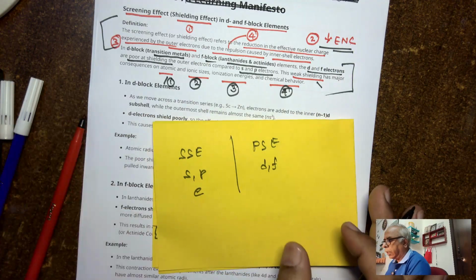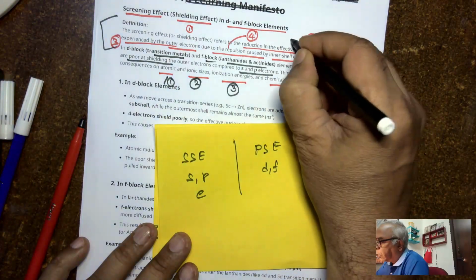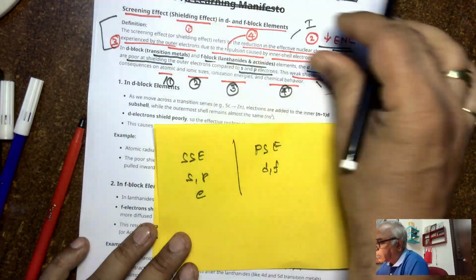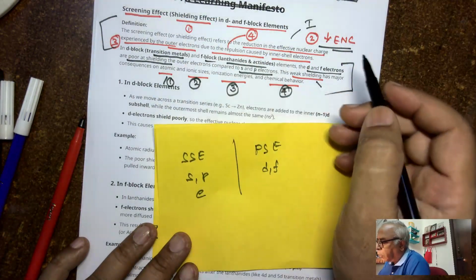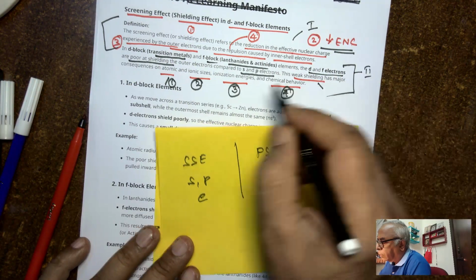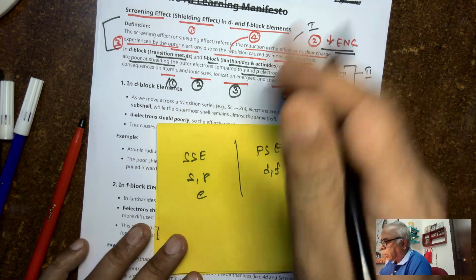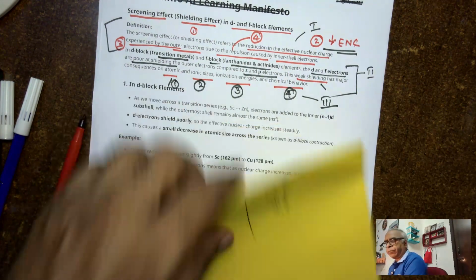Is it clear? Right. So let me repeat once again. In this definition, we have the first part: what is screening effect. Second part, the types of screening effect. Third part, what are the effects of this screening effect? So let us see one by one.